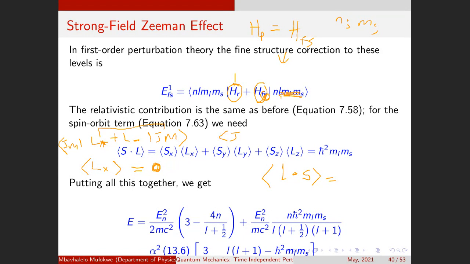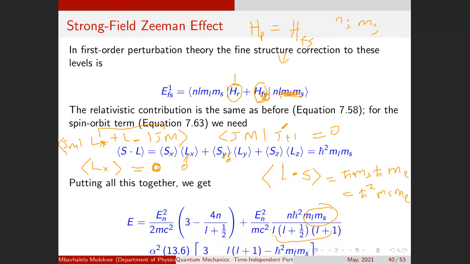You might end up with j plus 1 or something, a different state, and these states are orthonormal. So this ends up giving you 0, so these expectation values are 0. The S_z one just gives you h bar m_s. For Lz, you get h bar m_l. So the expectation value for that just gives you h bar squared m_s m_l.